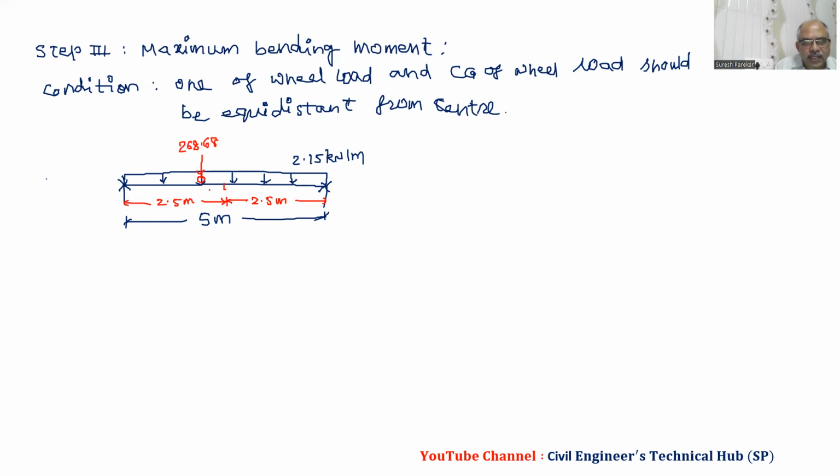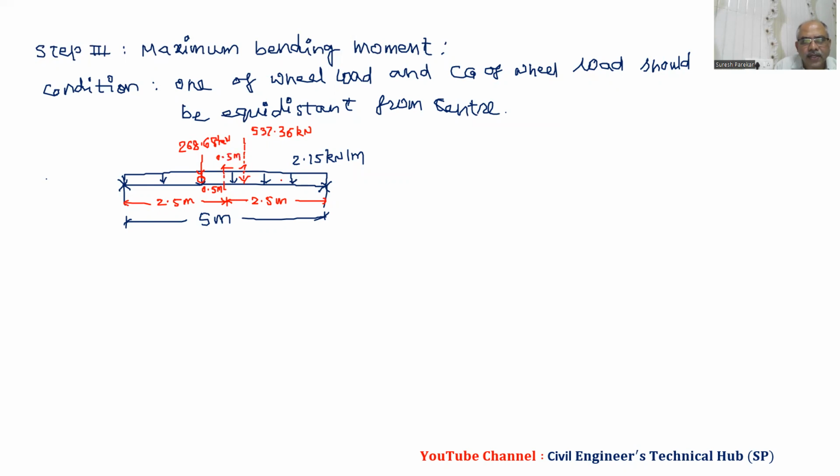And the CG, so this will be 0.5 meters, because the CG will be at 1 meter. I already mentioned you have to go to the video before this and see how we have considered this 537.36 kilonewton. And the third wheel load, this distance is again 0.5 meter from the center.